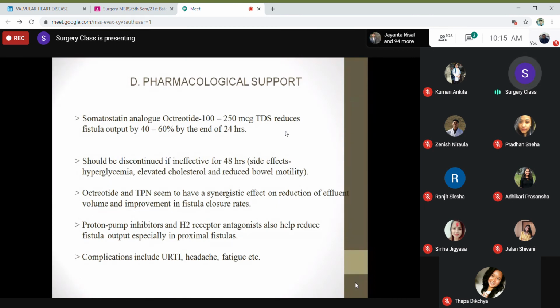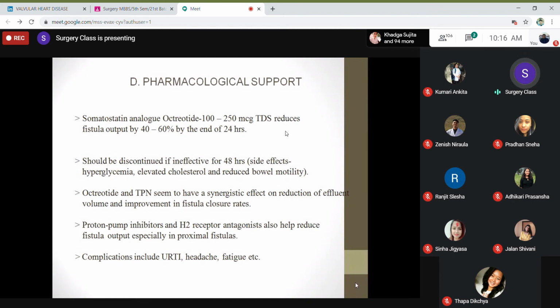Pharmacological support, yes, you read about it, because as we are giving antibiotics, that is also pharmacological support. We are giving proton pump inhibitors or H2 receptor antagonists, and somatostatin and octreotide, whose effects are controversial.